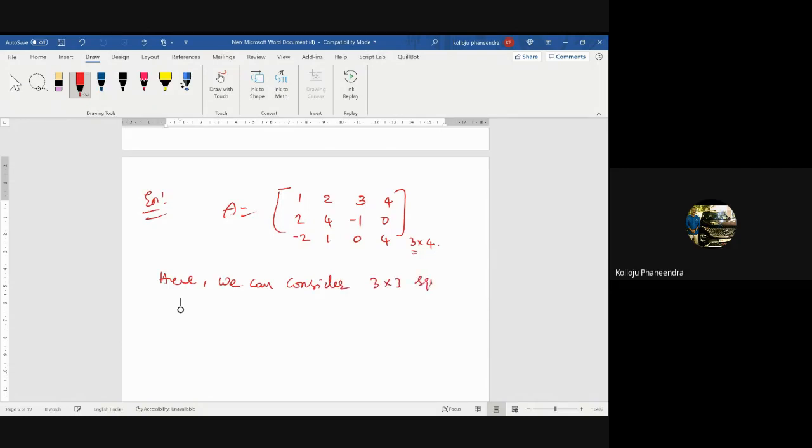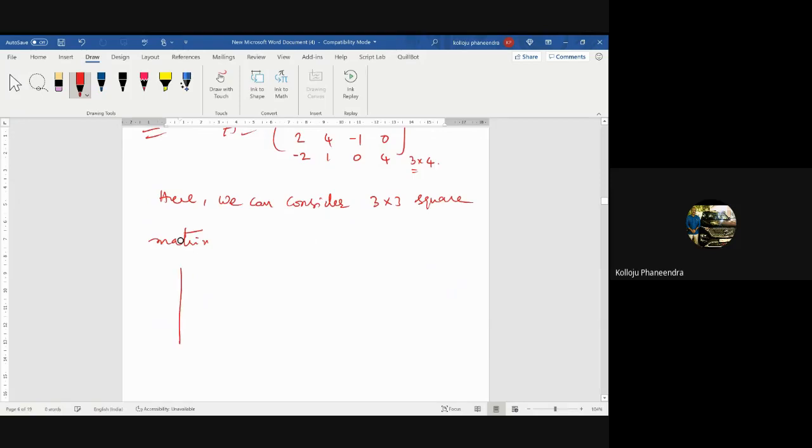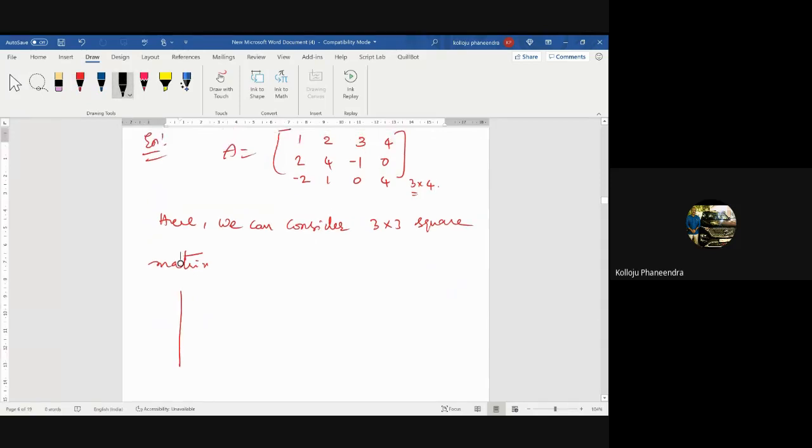You take any one, your choice, any 3 by 3. What is the first one? Let me consider the first column, then the third column, your choice, whatever it is, and the fourth column, and take this determinant.